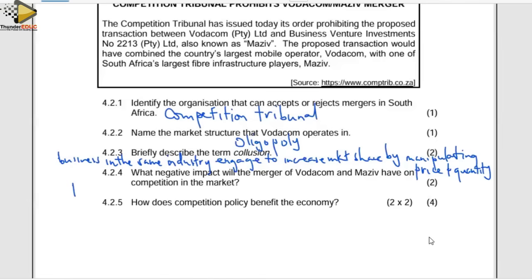If the two are allowed to merge, they will combine their resources, and hence making it difficult for others to compete with them.